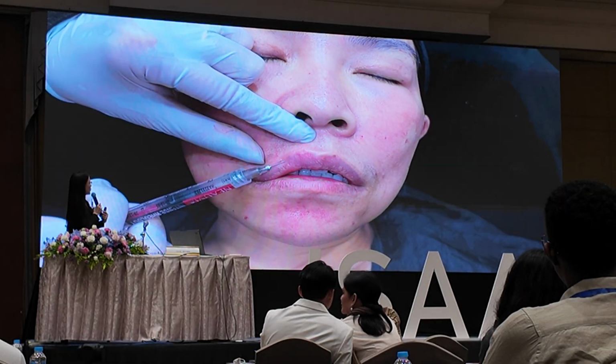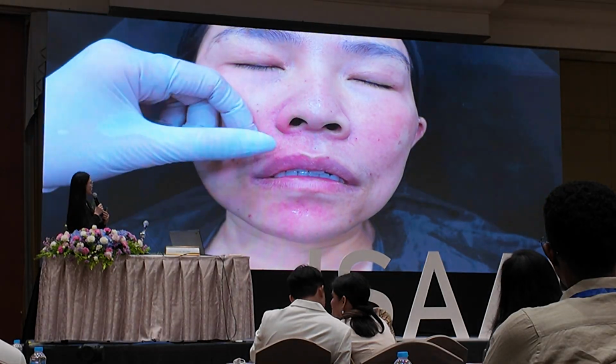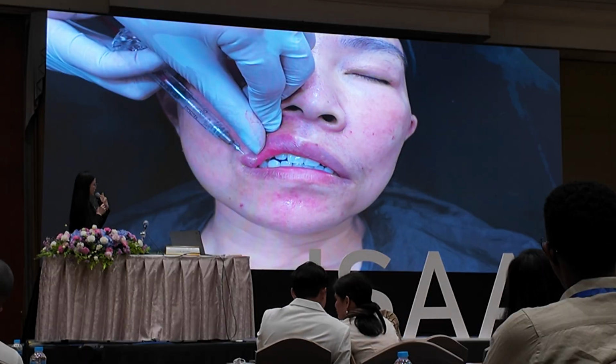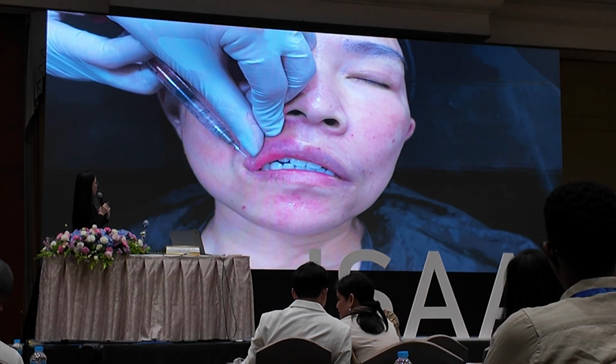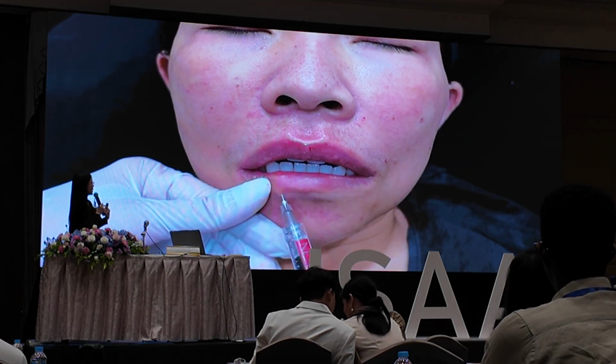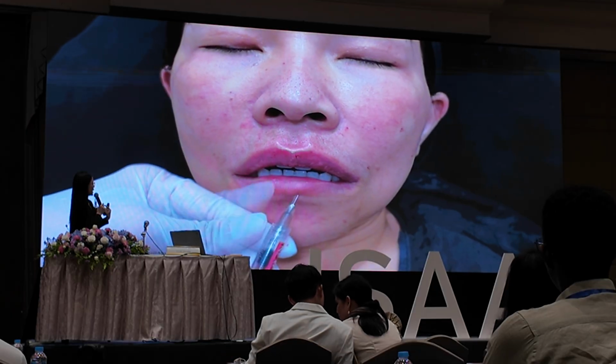I use a sharp needle for the lips to do the projection and volumization, and to do the lifting of her mouth corner. Also with the lower lip here, I use a sharp needle into the submucosal area.